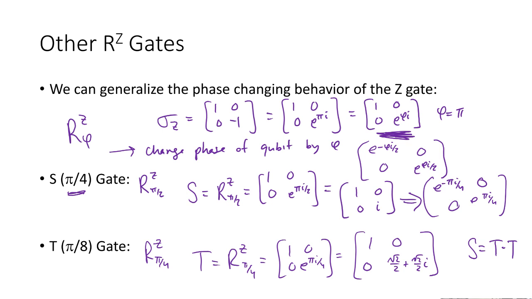This is the form of that general gate. But this is a collection, and it's infinite because phi can take on any value you want. And these gates change the phase of a qubit by some angle phi.